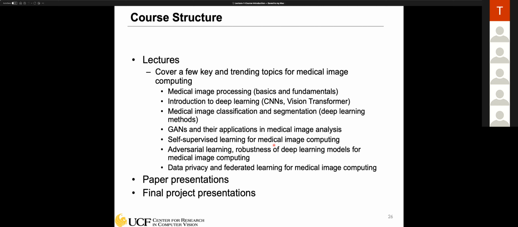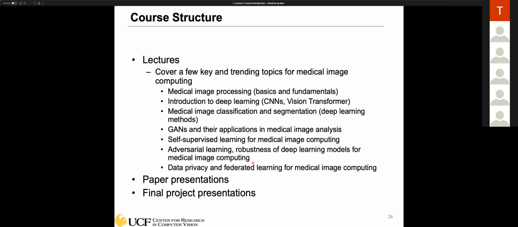But maybe we do have a lot of data without labels. So how can we leverage those unlabeled images to train your machine learning model to build a very good representation for your task? This is a very important topic. We'll also talk about that.